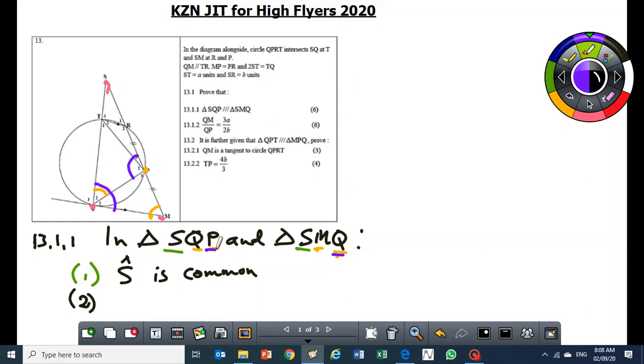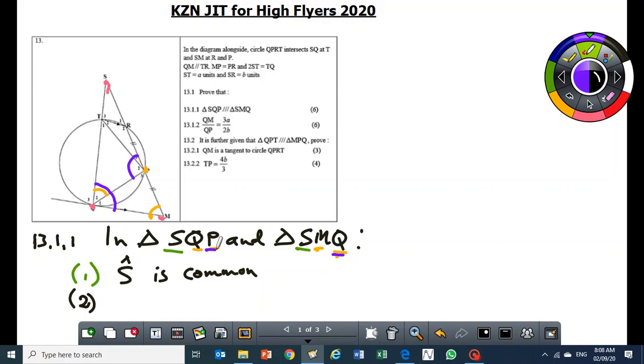Both of them are equal to one angle. We have a line QM which is parallel to TR. So this angle and T3 are corresponding. And then T3 is an exterior angle of a cyclic quad, so T3 is going to be equal to this whole angle, SPQ.